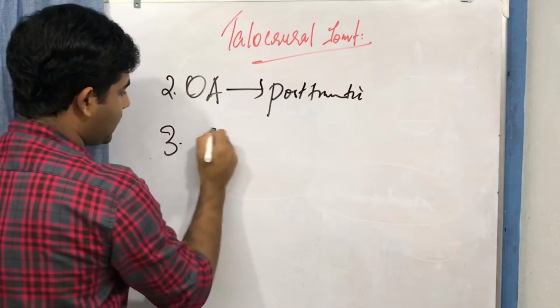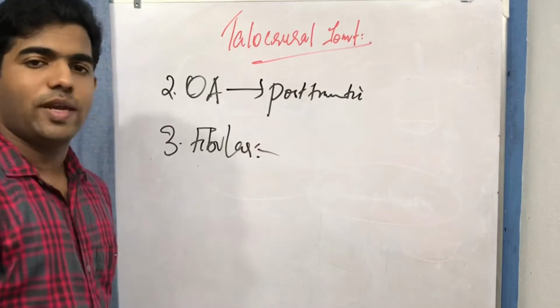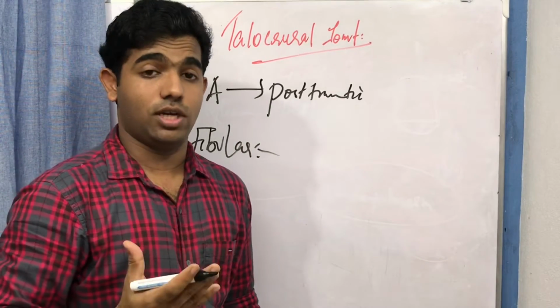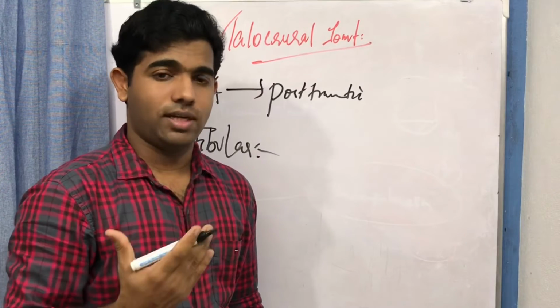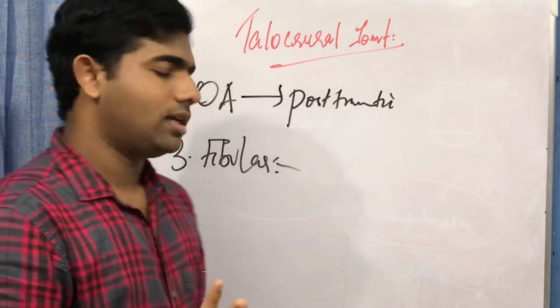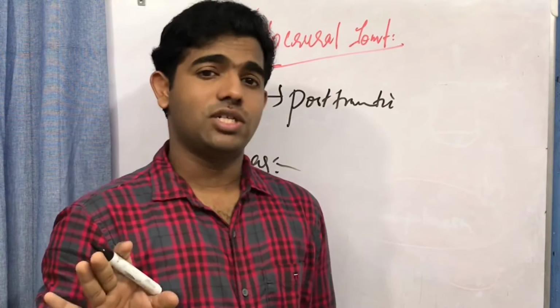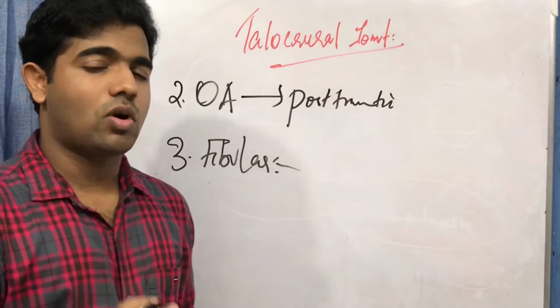Our third question is: what is the role of the fibula? We know that the fibula does not have much role in weight bearing, because much of the weight is transmitted through the tibia itself, right? Except in eversion, the fibula has very little role in weight bearing.